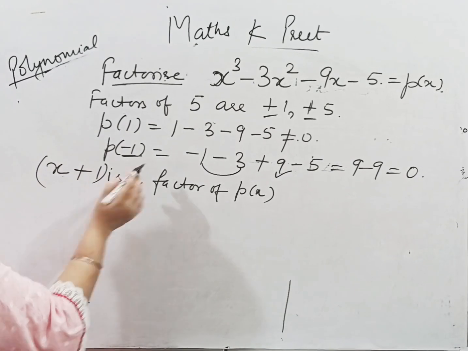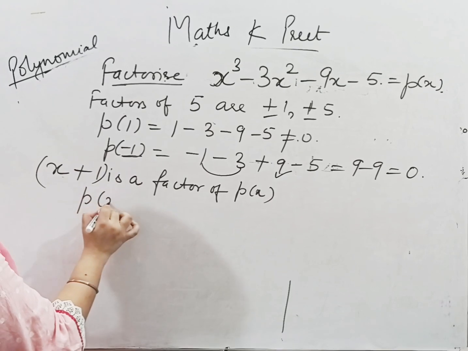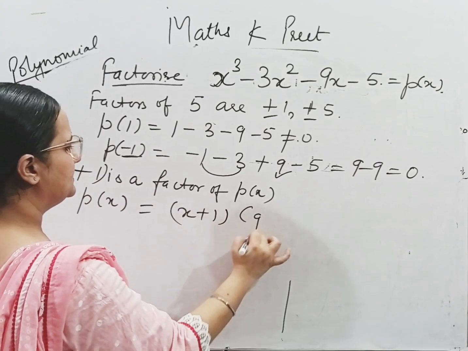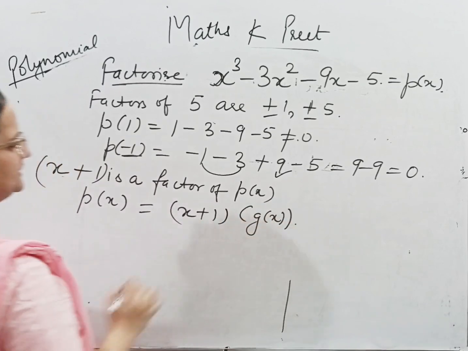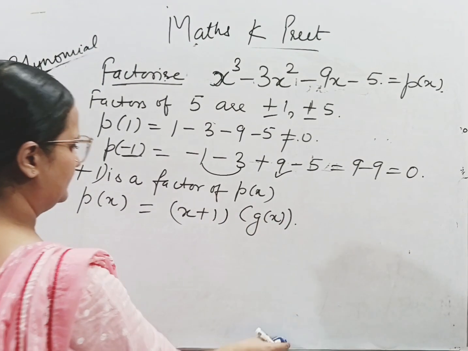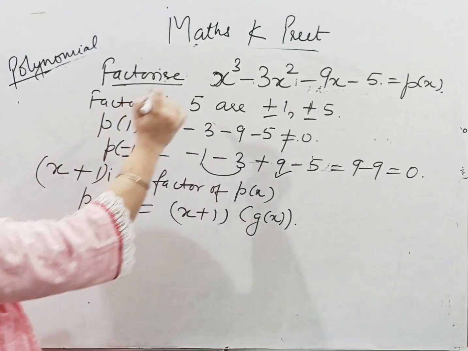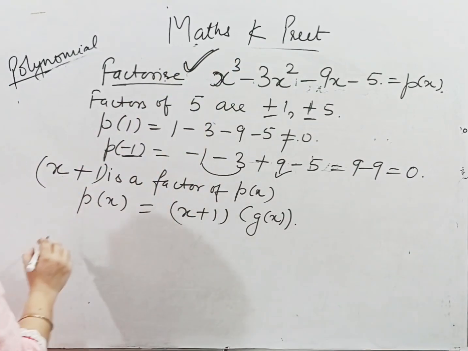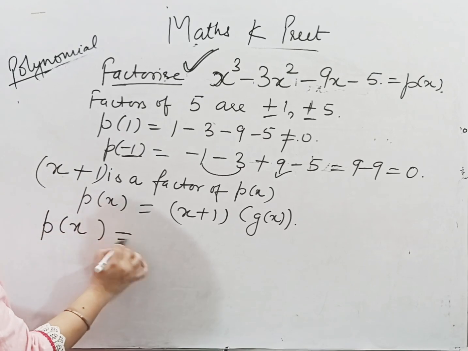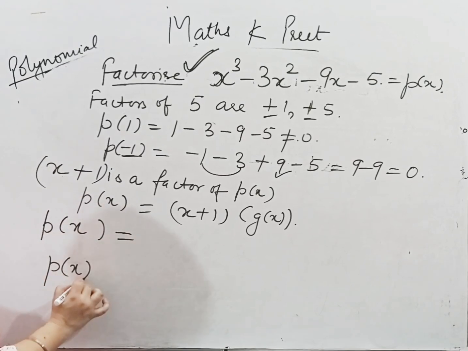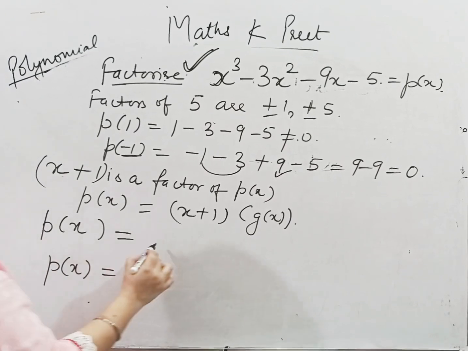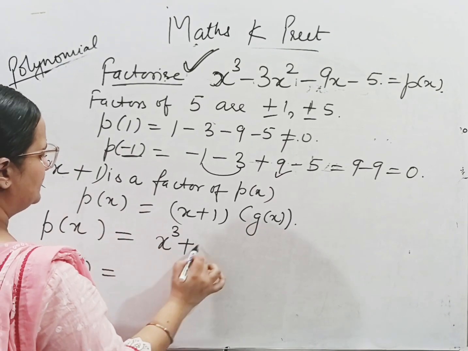So we can split this given p of x as x plus 1 into some g of x. How will we create this g of x? Let's see again. So x cube can be written as x cube plus x square.